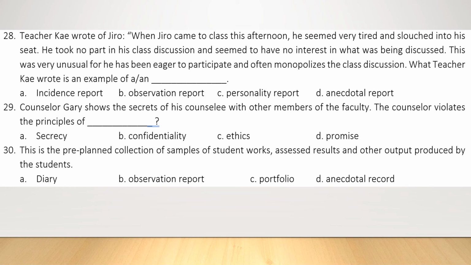When we say letter A, incident report, it's more on the details of a particular incident nga tabo sa eskwelahan. It could either be the case of bullying, sa nahitabuan na.